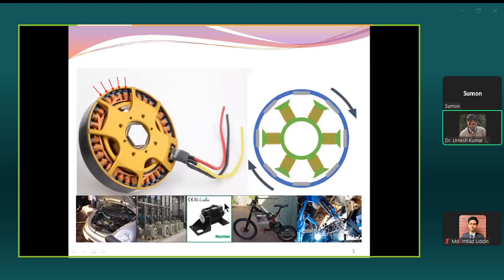So this is the preview of how the BLDC motor practically looks and what the actual construction inside is.